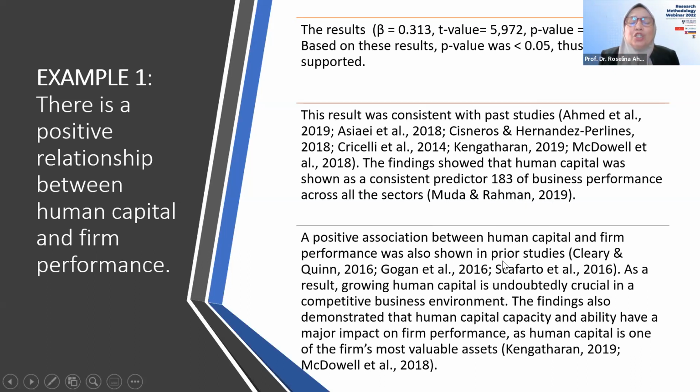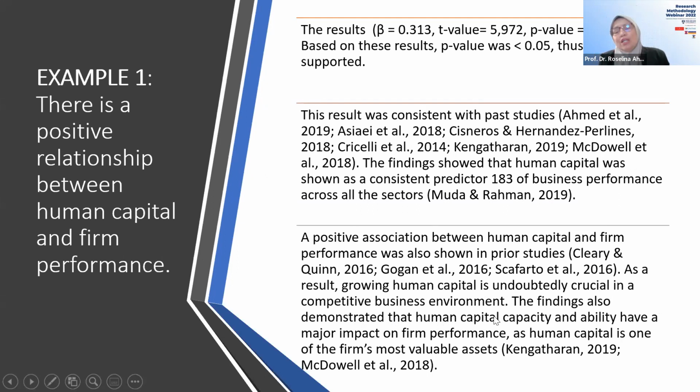And she further affirmed the statement by saying a positive association between human capital and firm performance was also shown in prior studies. The finding also demonstrated that human capital capacity and ability have a major impact on firm performance.